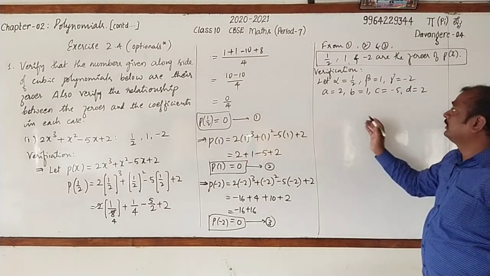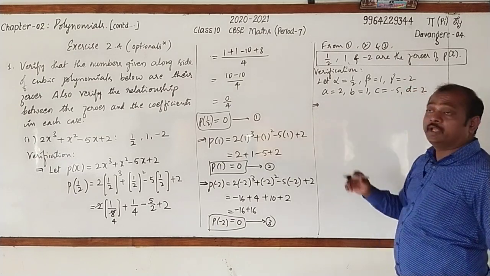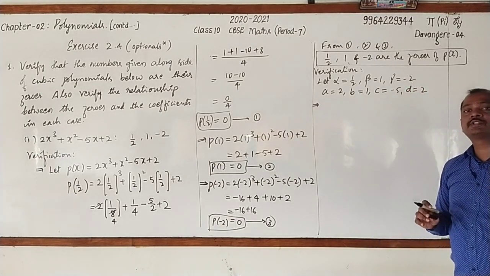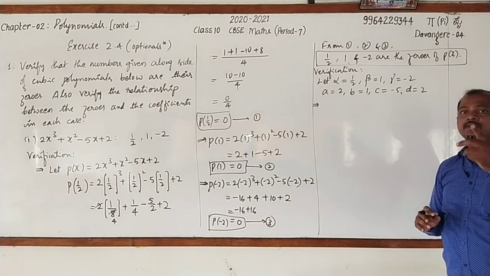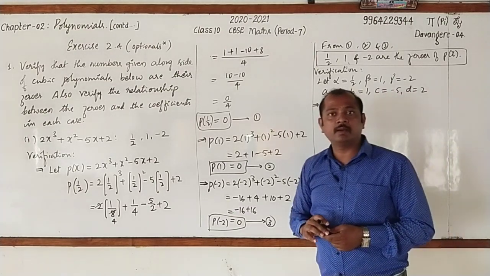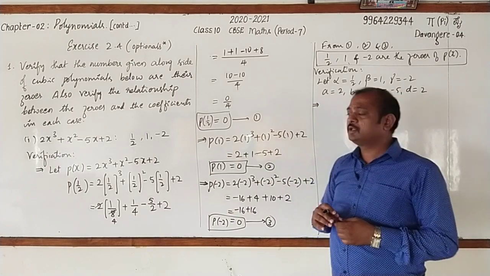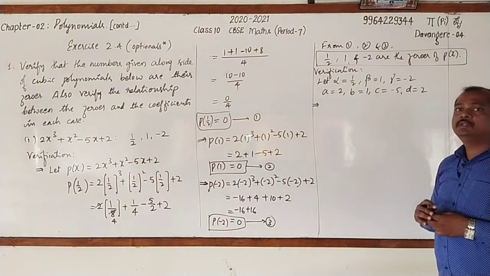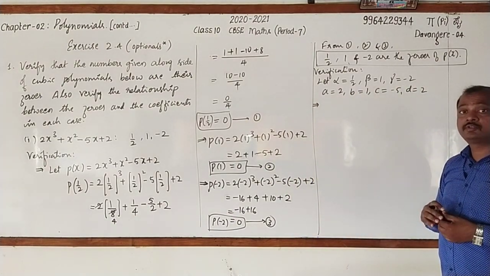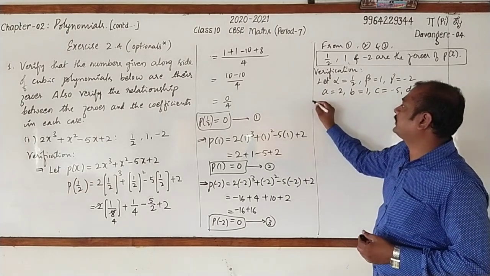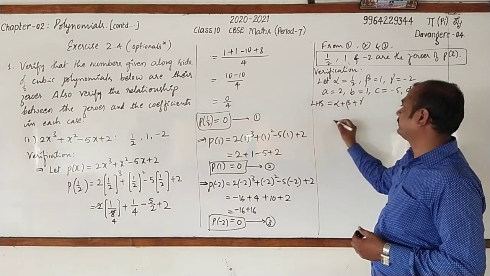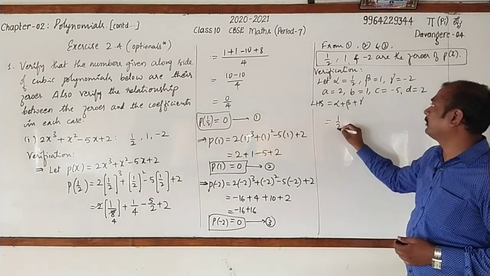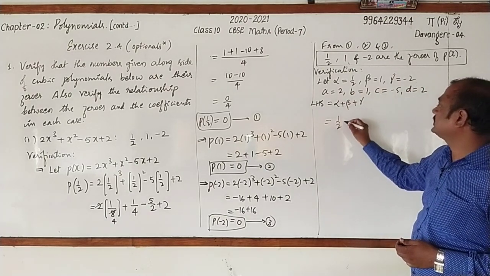Clear? Next, to verify the relationship between zeros and coefficients of cubic polynomial, we have 3 statements. One is alpha plus beta plus gamma equal to minus b by a. Let's go for checking any one of the 3. I'll take the first one, LHS. It is alpha plus beta plus gamma. What is alpha? 1 by 2. Beta, it is 1.